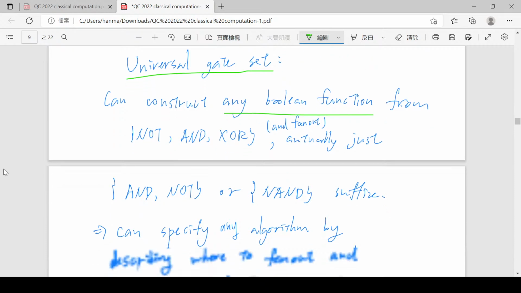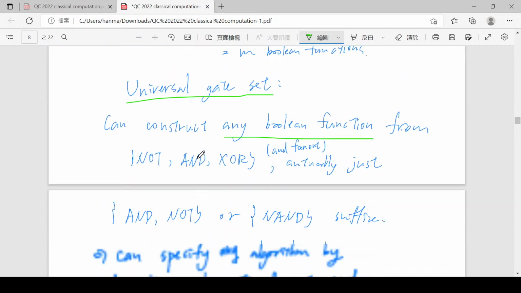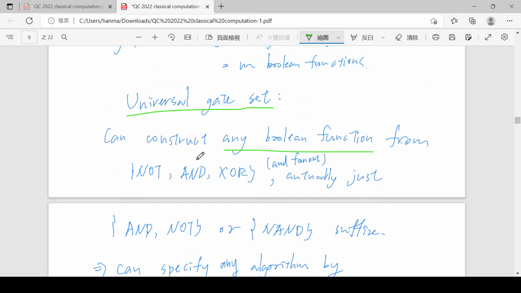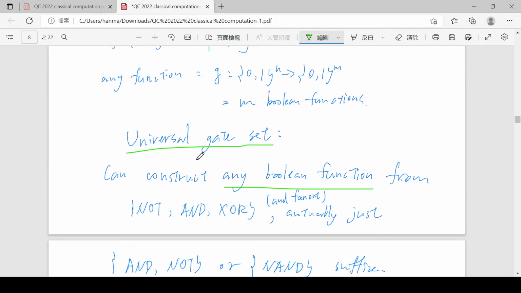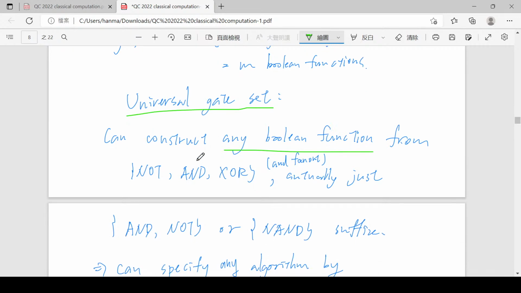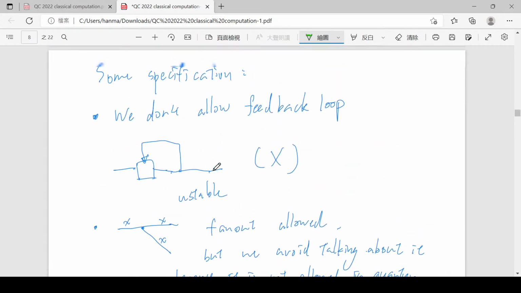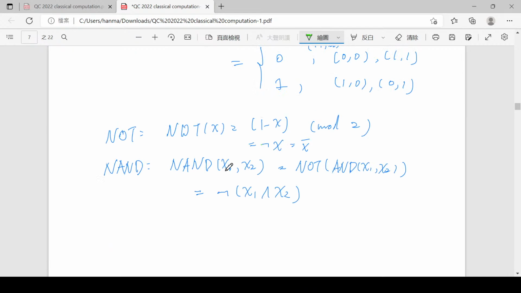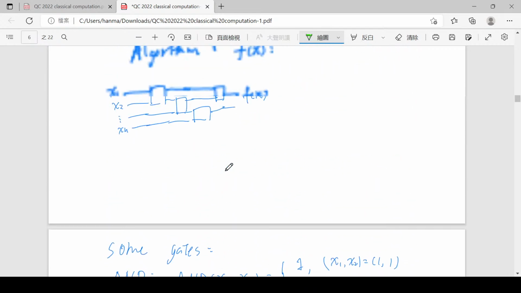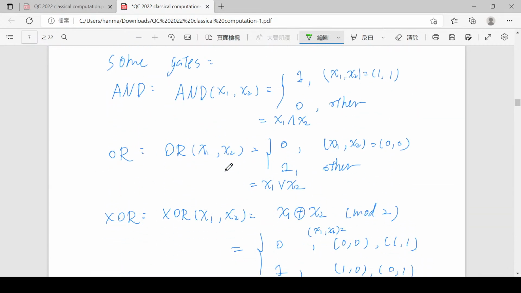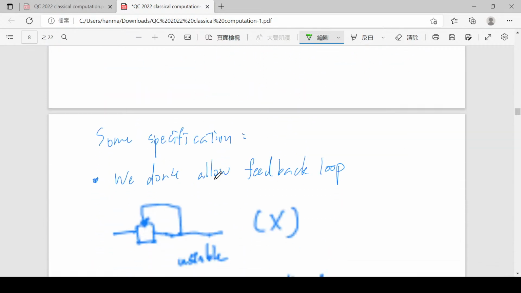Okay. So we will not give a proof here, but that's a fact, and that means, how should I say, this is nice because theoretically we can construct our computer from just very simple components. So think about us actually building a computer.